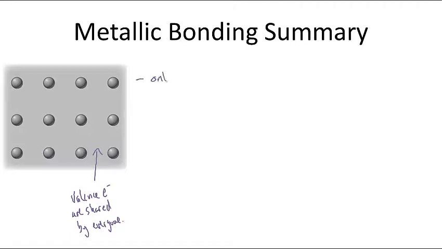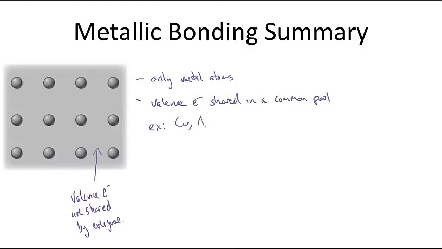So only metal atoms. The valence electrons shared in a common pool. And examples of this are like copper, gold, etc.